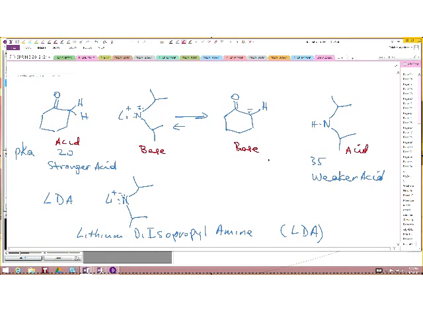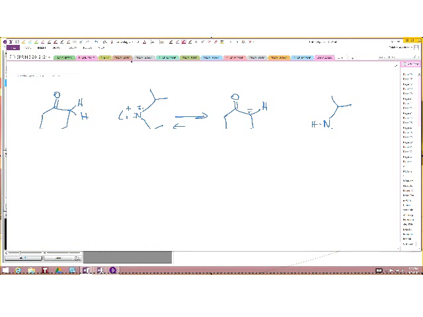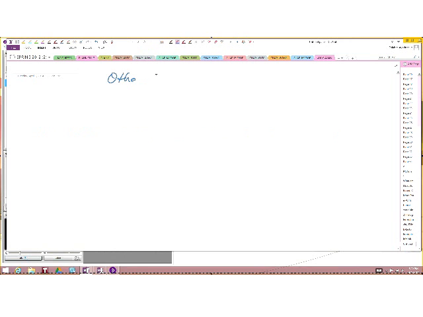In addition to LDA and hydroxide, we could also use some other bases for generating enolate anions.